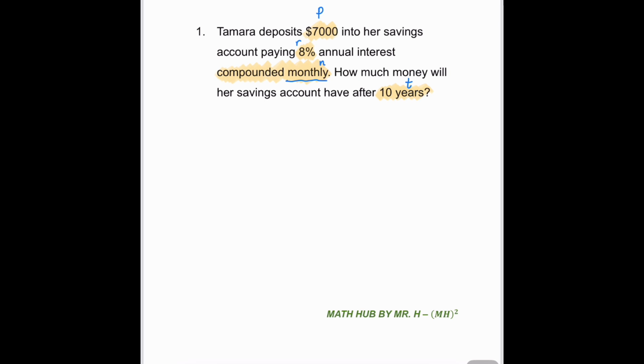All right. So after identifying all the information given, then we can proceed with solving the question by using the formula that I presented earlier, which was the future value will be equal to the present value or the principal amount times 1 plus r divided by n to the power of n times t.